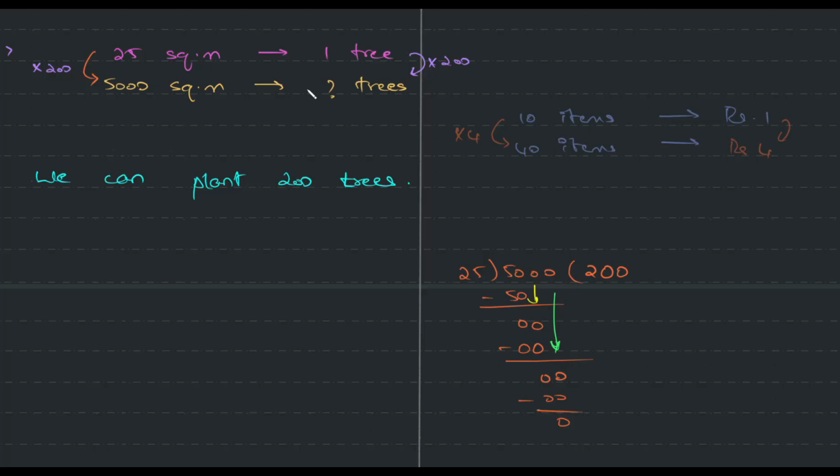So for 5,000, it will be 200 trees. How did we figure that out? 25 into 200 will give us 5,000. So for 200 such spaces, I'll get 200 trees. As simple as that.